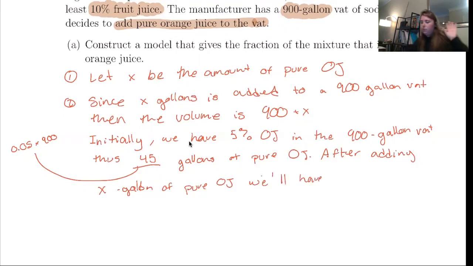So I started off with 45 gallons of pure orange juice, right? I got that from 5% of 900. So after I pour in the X gallons of OJ, how much pure orange juice is going to be in there? 45 times X, 45 minus X, 45 plus X. What do you guys think?